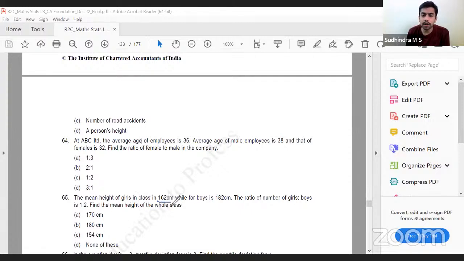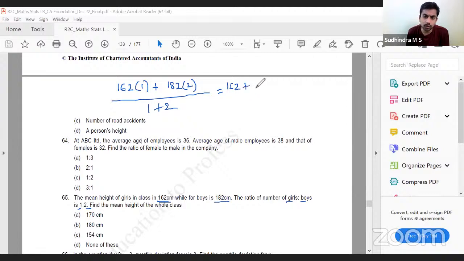Mean height of girls is 162, boys is 182. Ratio of girls to boys is 1:2. So I can consider 162 into 1 plus 182 into 2 divided by 1 plus 2. Combined arithmetic mean. So 162 plus 182 into 2 is 364, divided by 3.